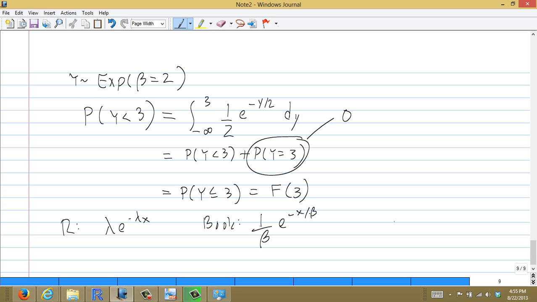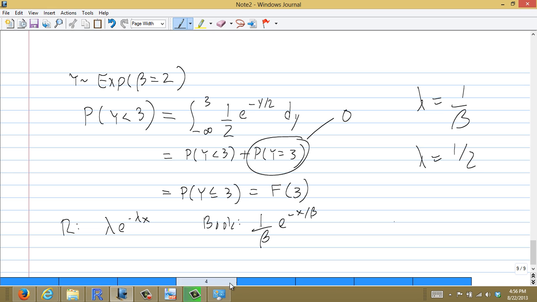You can see that R's parameterization is 1 over how we parameterize it. So lambda is equal to 1 over beta. If beta is equal to 2 in our example, that means that lambda is equal to 1/2.